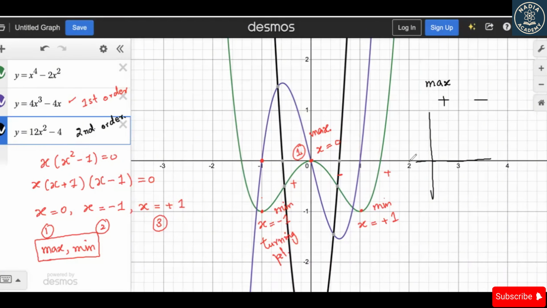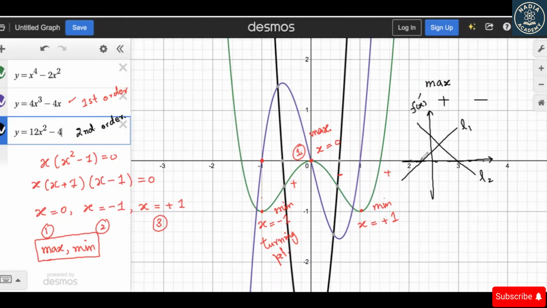This straight line is, for example, like this, and the second line is over here. So this is line number one. This is line number two. Let's say this is the graph of the first order derivative of any function.